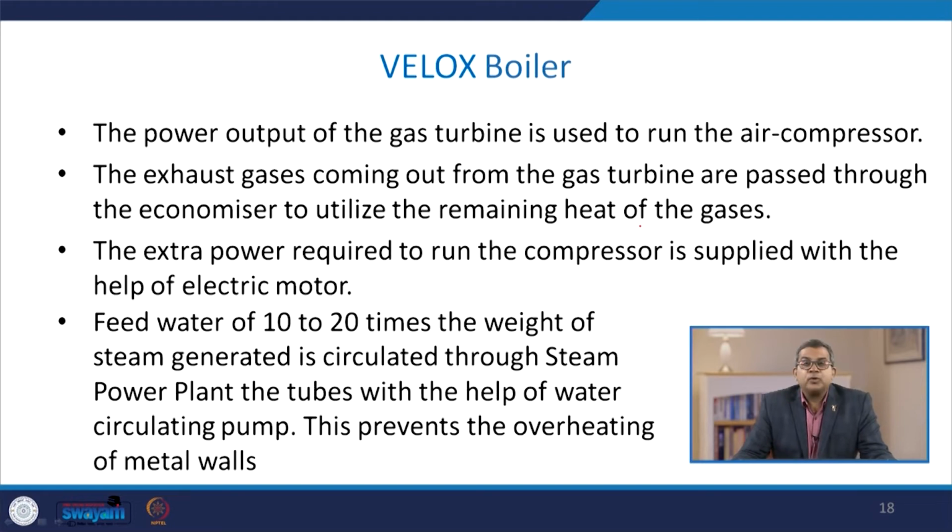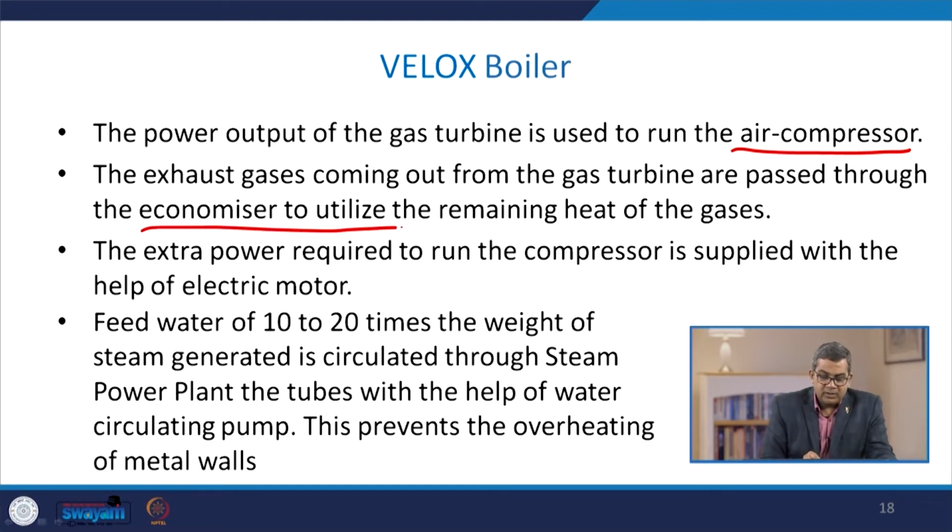The power output of the gas turbine is used to run the air compressors, and the exhaust gases coming out from the gas turbine are passed through the economizer to utilize the remaining heat of the gases. Sometimes you may require some extra power to run the compressor. Usually it is supplied with the help of an electric motor.